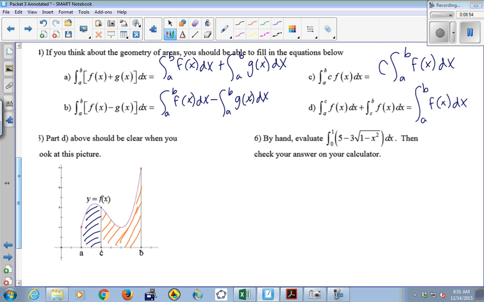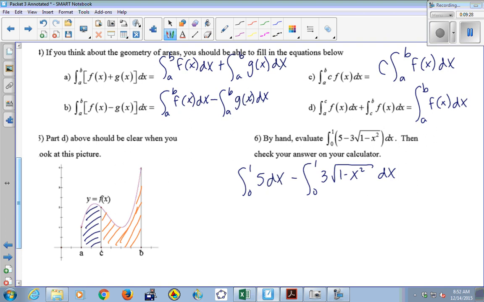All right, so let's apply all our rules here for one integral. I want to take the integral from 0 to 1 of 5 minus 3 square root of 1 minus x squared dx. So I've got a subtraction in there, which means I can break this up into two separate integrals. So this will be the integral from 0 to 1 of 5 dx minus the integral from 0 to 1 of 3 square root of 1 minus x squared dx. And then I have a constant coefficient here of 3.